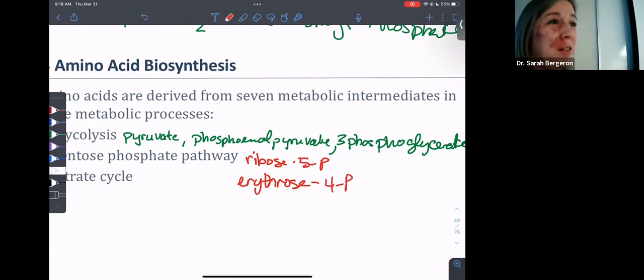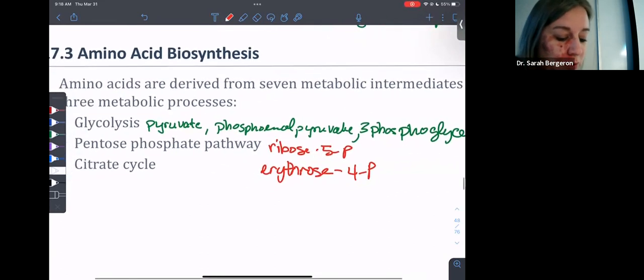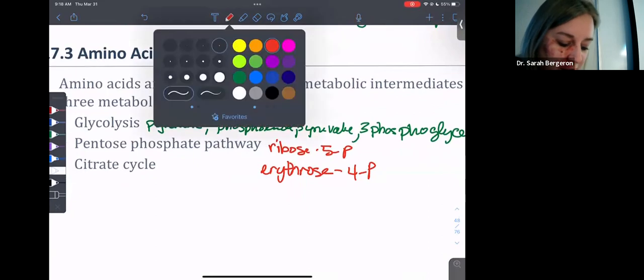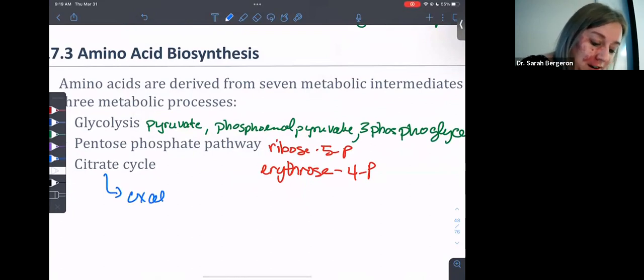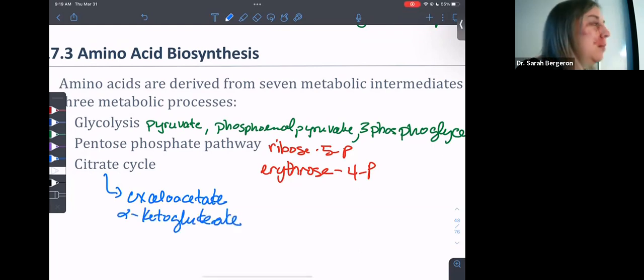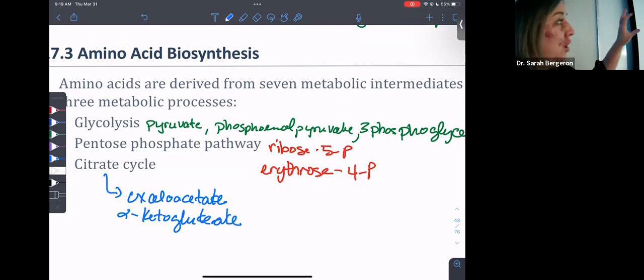So it's only 2 from pentose phosphate. And then your last one, citrate cycle, has 2. What are the 2 in citrate cycle that you see over and over? Oxaloacetate and alpha-ketoglutarate. So that gives us our 3 pathways and our 7 different intermediates. So it's 2 from each, except glycolysis has 3.